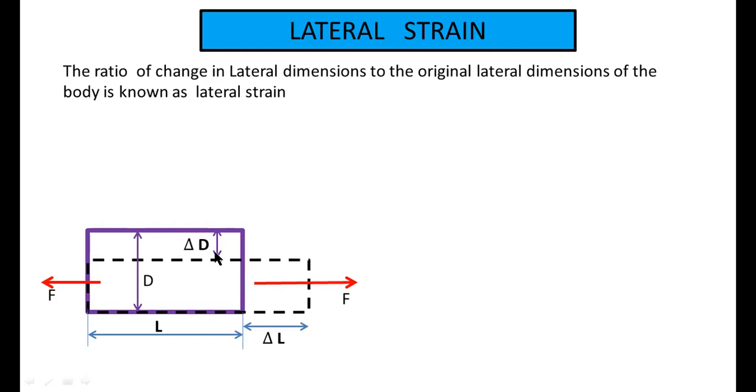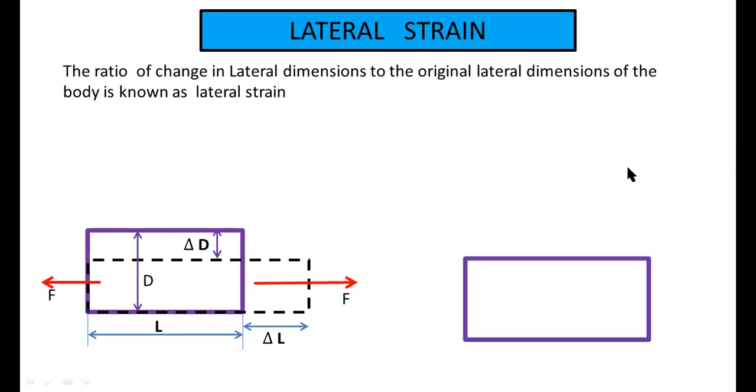This decrease in diameter is the change in the lateral dimension, and this is the original dimension. So the ratio of change in diameter by original diameter is called lateral strain. Here the diameter of the body decreases, so you have to consider negative sign for tensile loads.